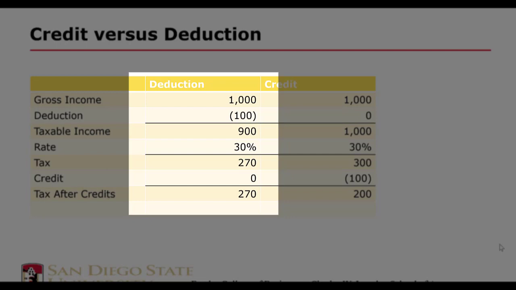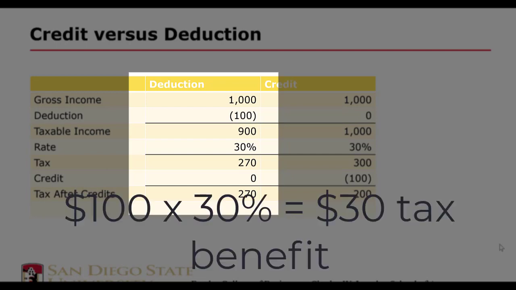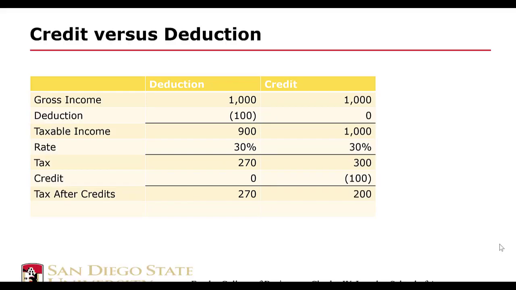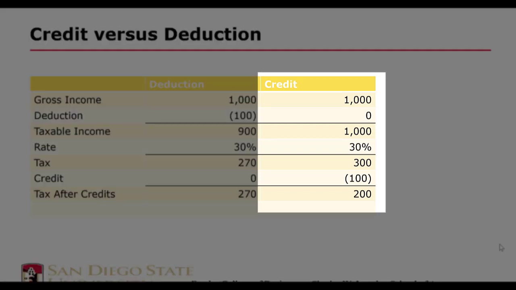And so if you think about it, what happens is that $100 deduction generates $30 of tax savings, right? Because ultimately that $100 reduces taxable income times 30%. That's how a deduction works. It's based on your tax rate and the amount of the deduction. A credit, on the other hand, is a dollar-for-dollar reduction in your liability.